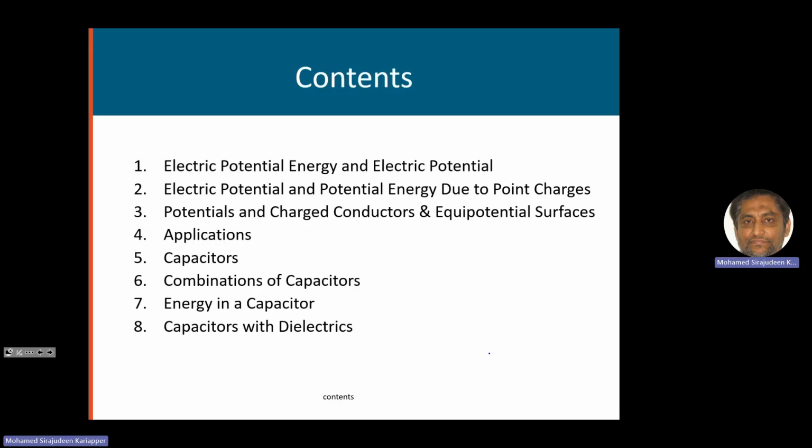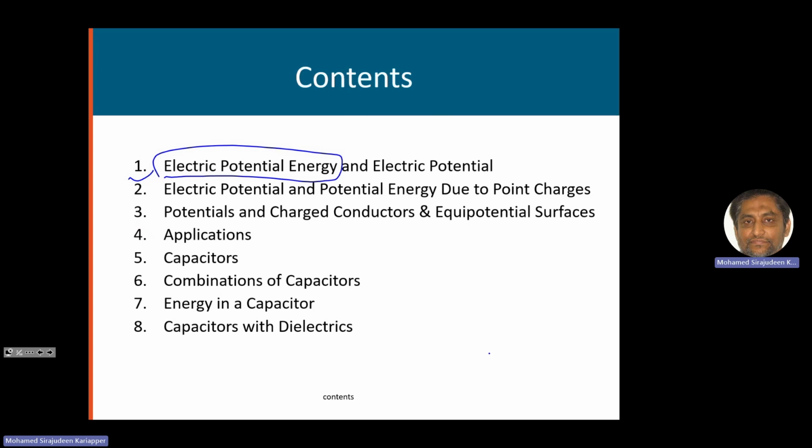The contents of the chapter, here we have it, 8 subtopics or sections we call. In section 1 or topic 1, we'll introduce this electric energy. So properly it will be called electric potential energy, but sometimes we will drop the potential, we just call it electric energy.